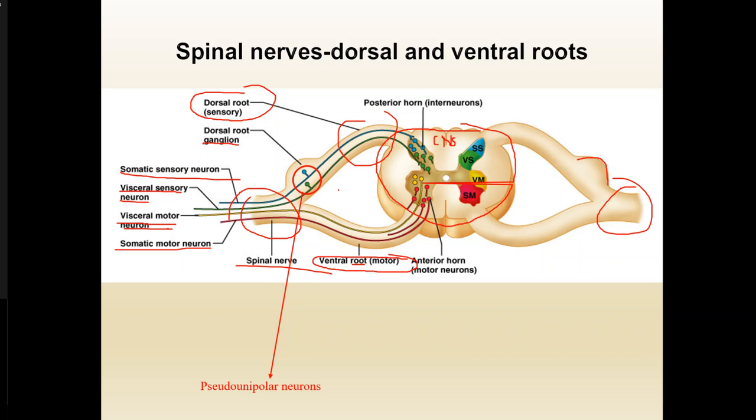ganglion. And I want to also point out that all these neurons here that form your dorsal root are pseudo-unipolar neurons. You see how they have the soma that then has one axon that splits basically in two.